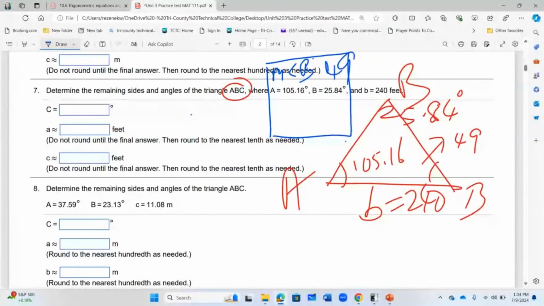Now that I have the measure of that angle, I'm looking for the measure of the sides. So this is side B, this is side A. Actually, A, B, C makes more sense.